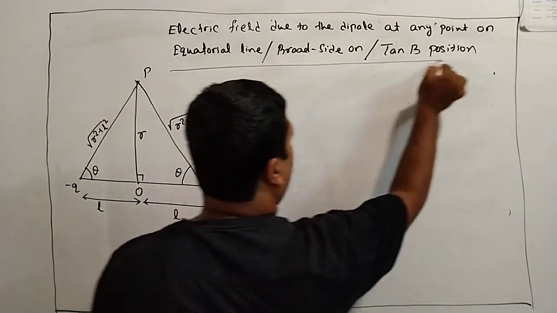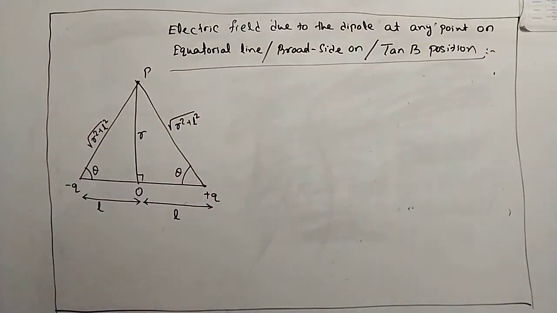Equatorial point is also called broad side on position or tan B position.